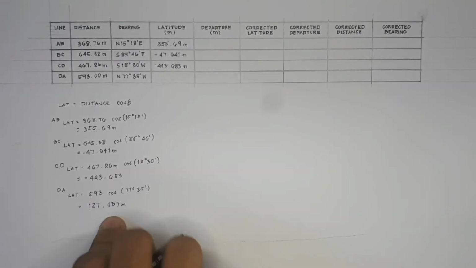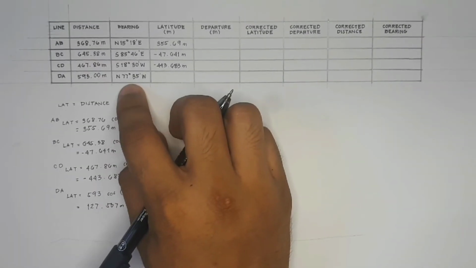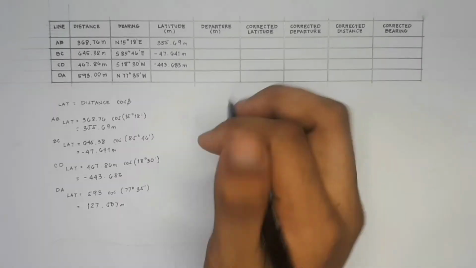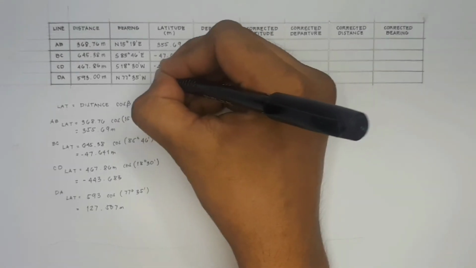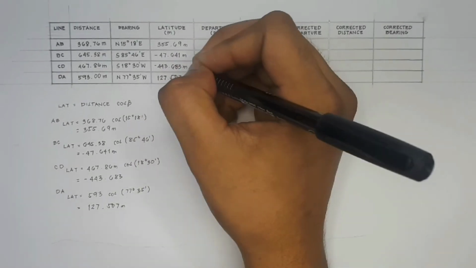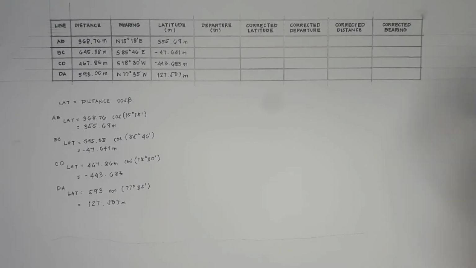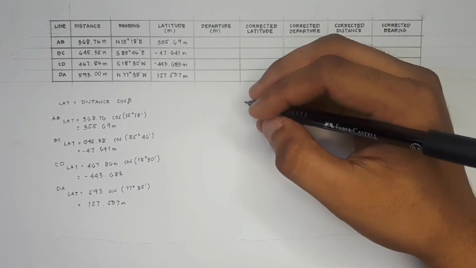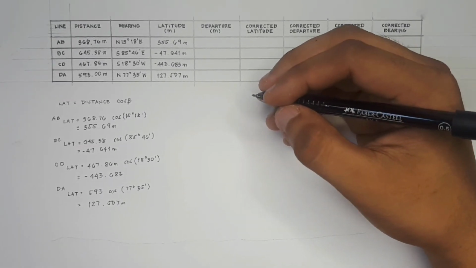So this is positive since the direction of our line is from the north. So we have here positive 127.507 meters. So now we are done with our latitude.